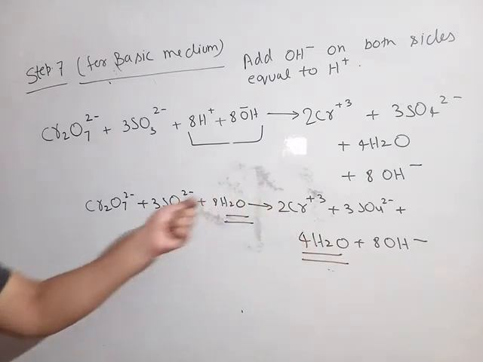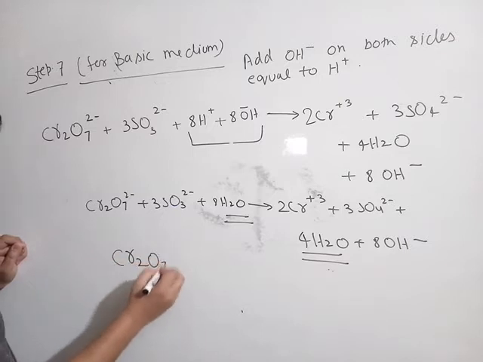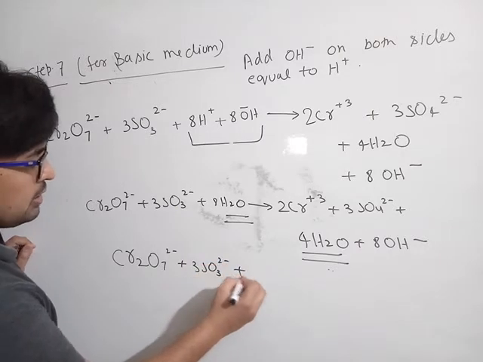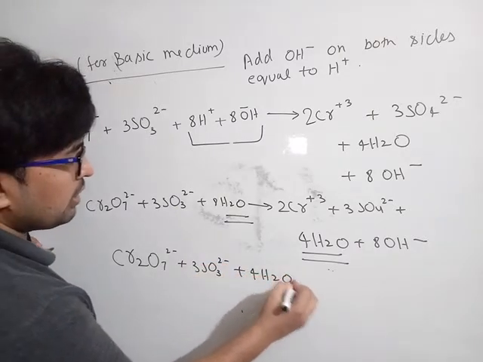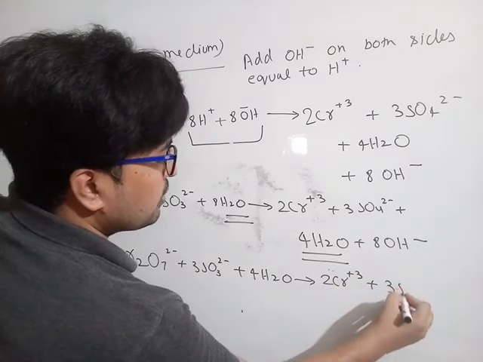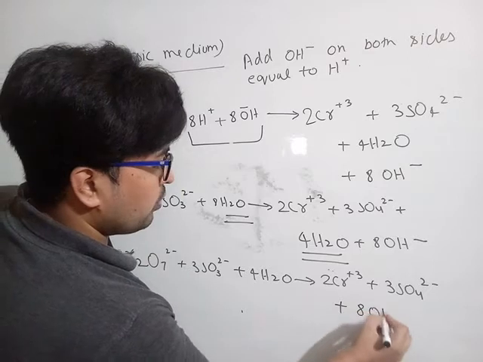So we'll take the lesser H2O from the side having more H2O. If I put it in the LHS, it becomes Cr2O7 2 minus plus 3 SO3 2 minus plus 4 H2O gives 2 Cr plus 3 SO4 2 minus plus 8 OH minus.